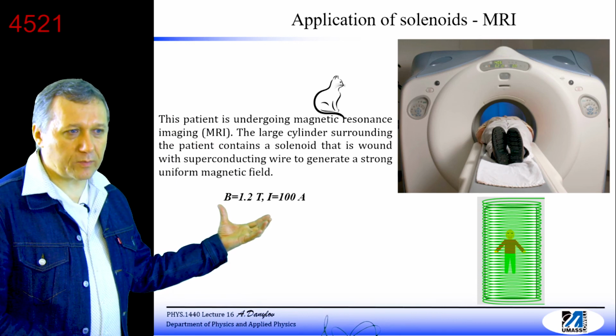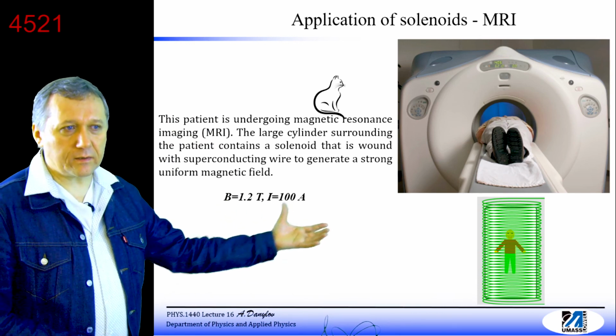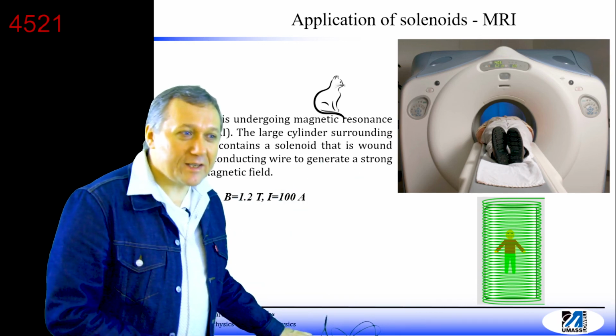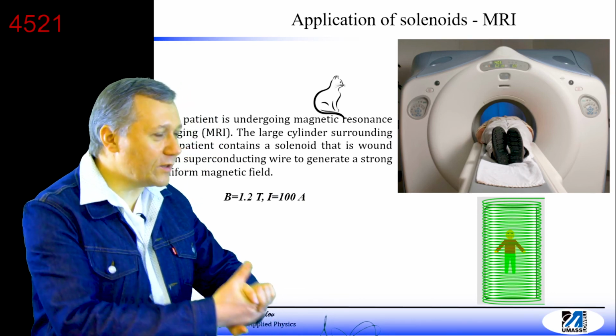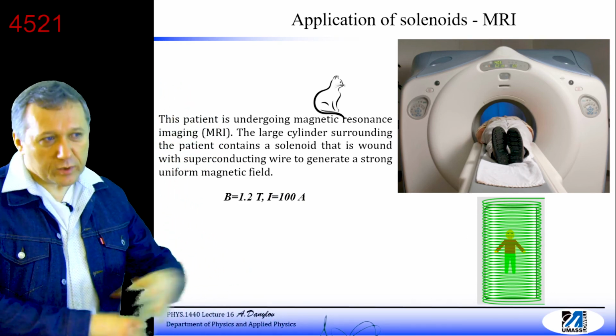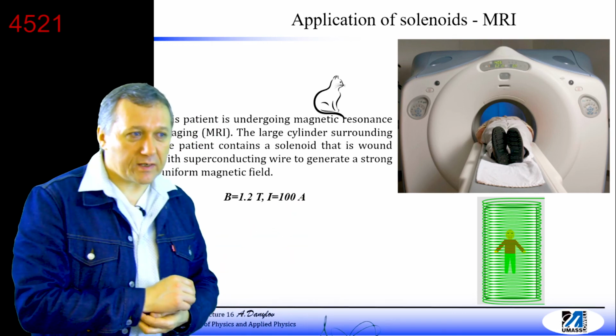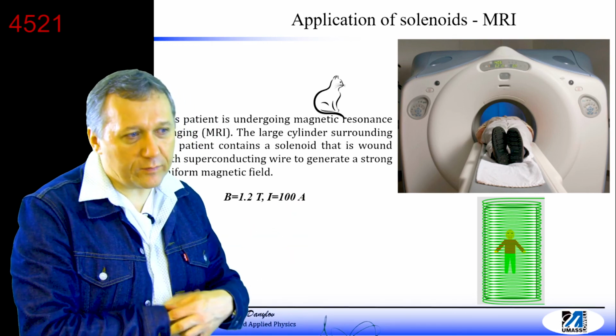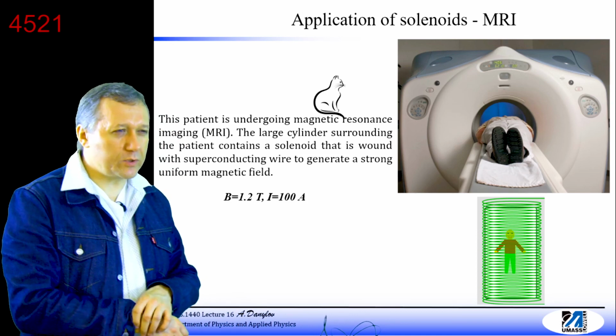And in order to get this strong magnetic field and this high current, usually liquid helium is used. It's one of those rare devices where the medical industry accepts the usage of liquid helium. Liquid helium is so expensive, right?